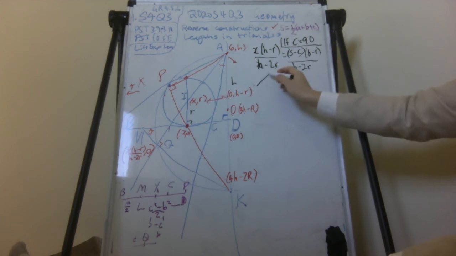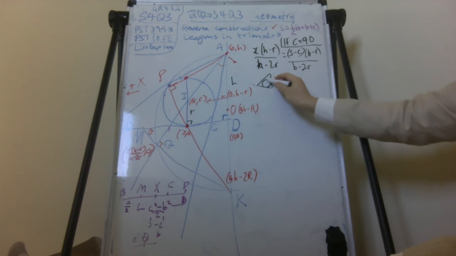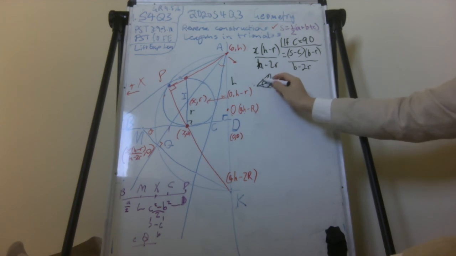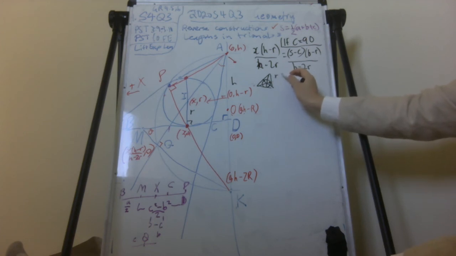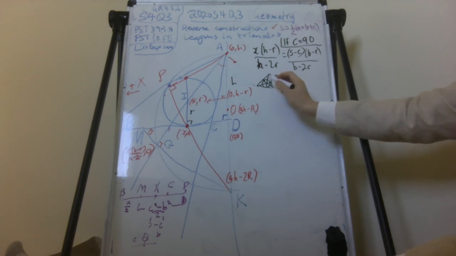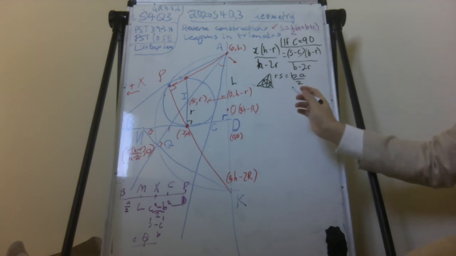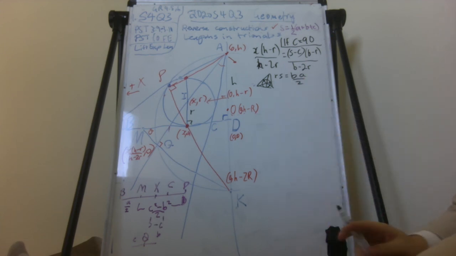So you notice that when you do a triangle with an incircle, the radius times the perimeter is what gives you the area. Because that's the radius. You add this base to that base to this base, and you get the area of the three triangles. So RS is equal to the area, and in this case, it's equal to B times A on 2.